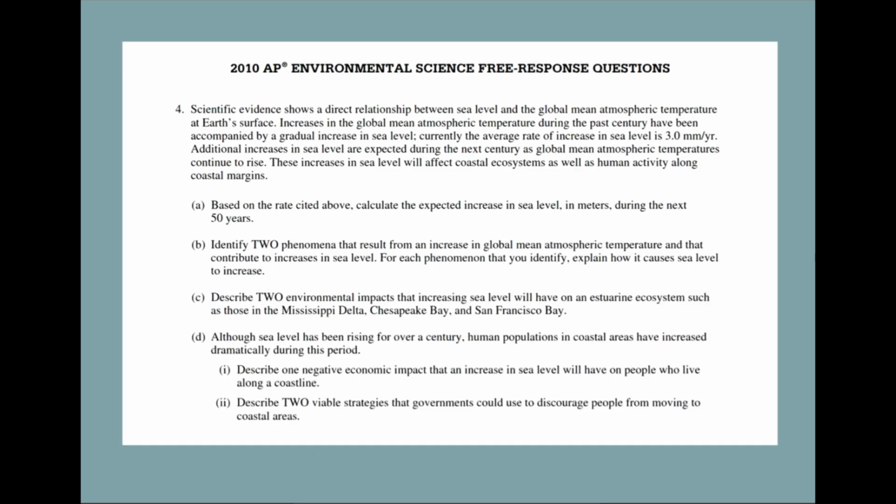All right, so our last, part D, says, although sea level has been rising for over a century, human populations in coastal areas have increased dramatically during this period. So this is a two-part question. The first part says, describe one negative economic impact that an increase in sea level will have on people who live along a coastline.